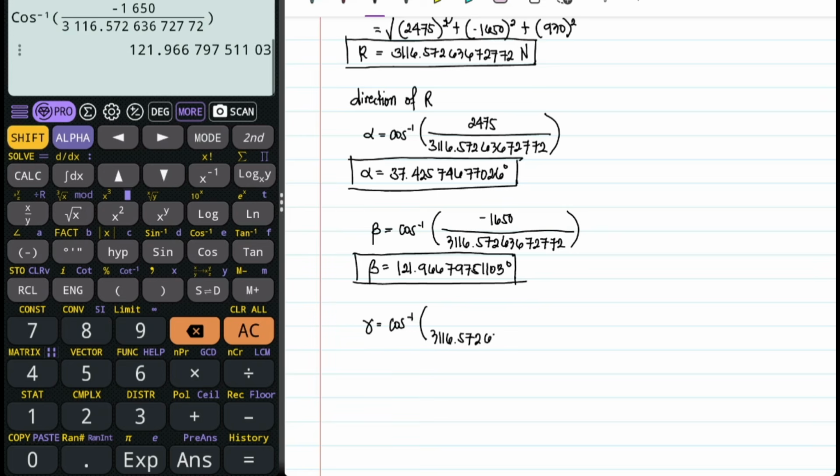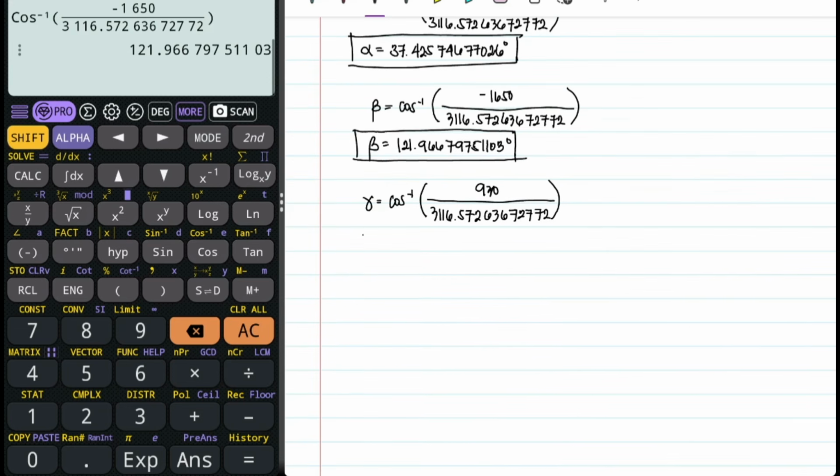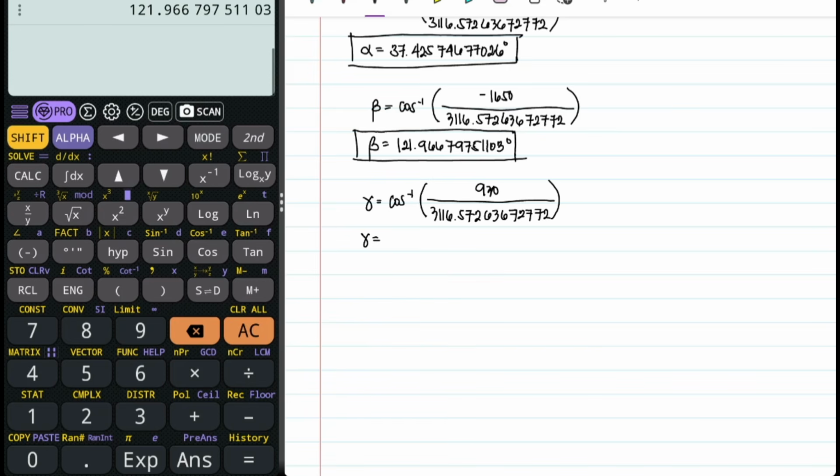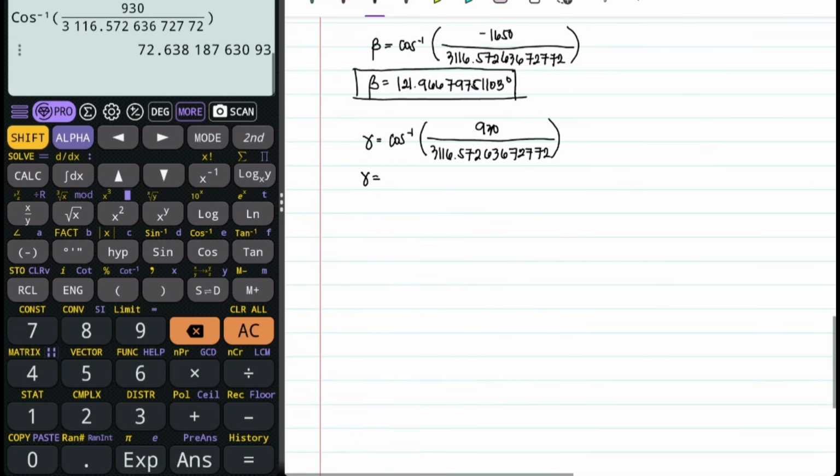And lastly, for our gamma, which is the angle measured from the positive z-axis, that would be the arc cosine of the fraction 930 divided by 3116.57263672772. Then we input in our calculator shift cosine, and this gives us around 72 degrees: 72.63818763093 degrees.